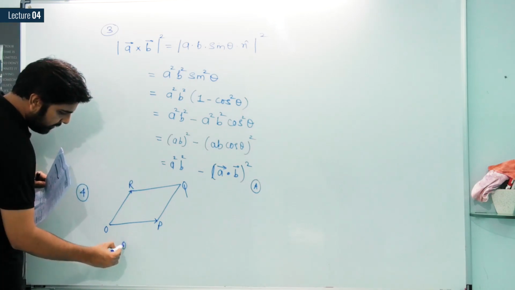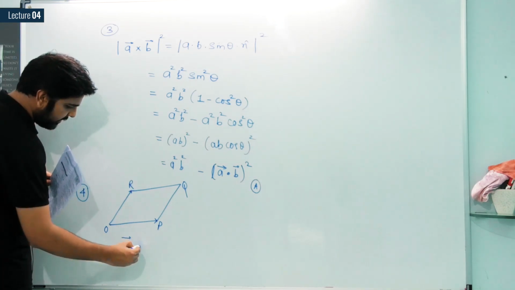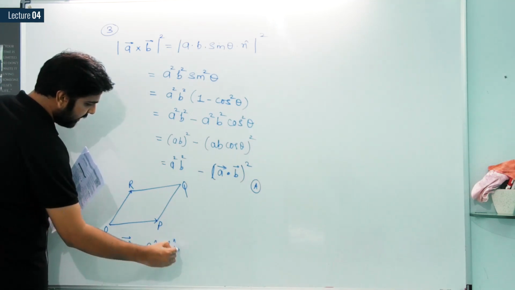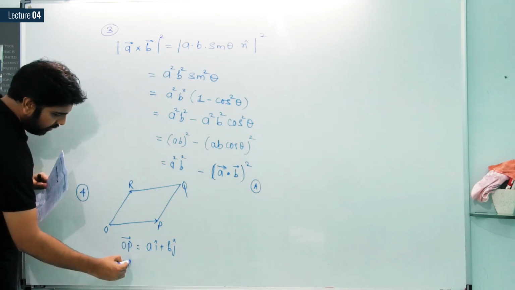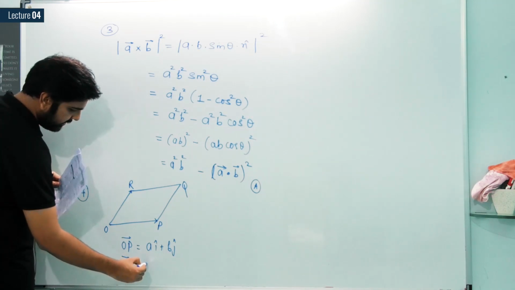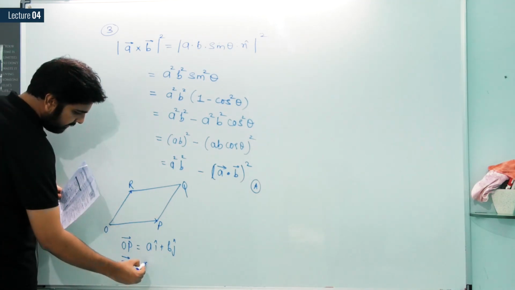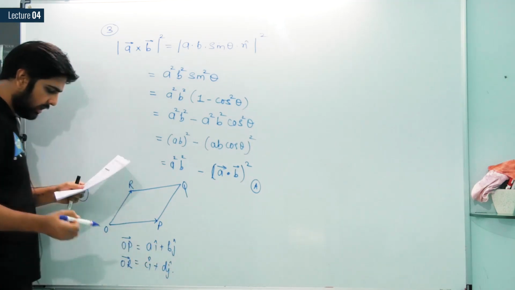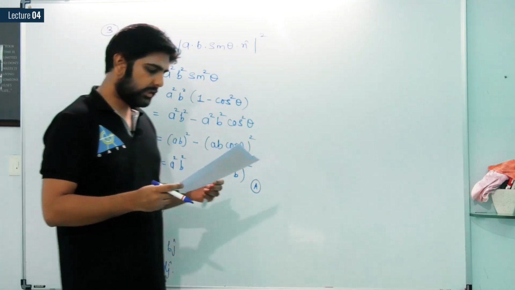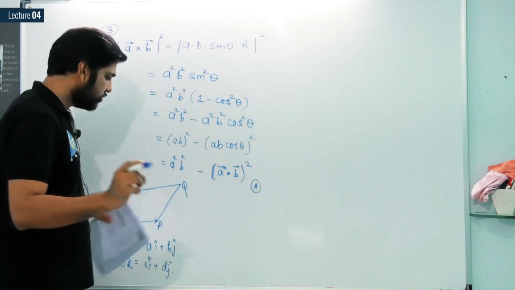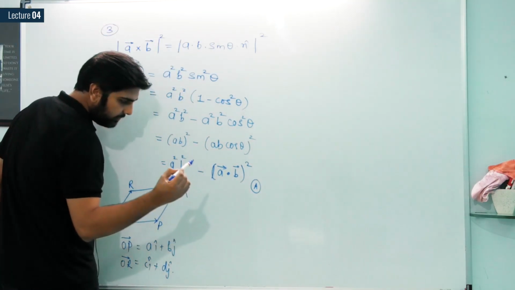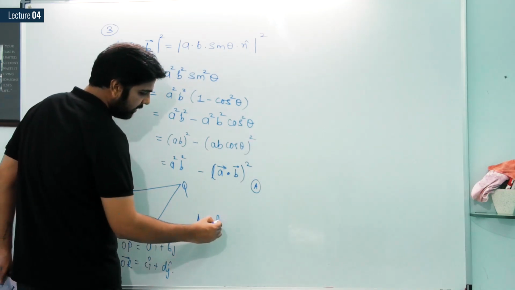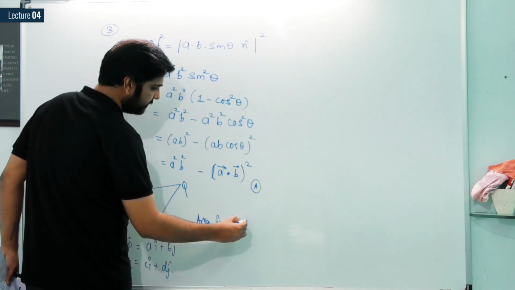OP is given as a i cap plus b j cap, and OR is given as c i cap plus d j cap. And here it is asked to evaluate the area of the parallelogram.